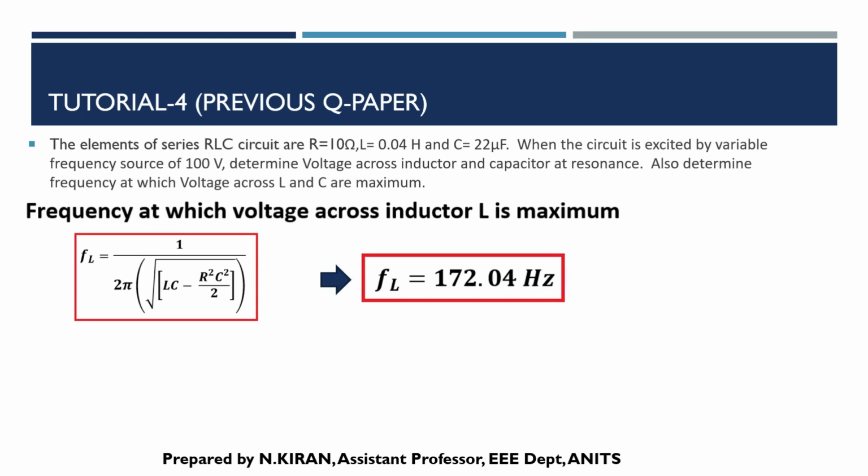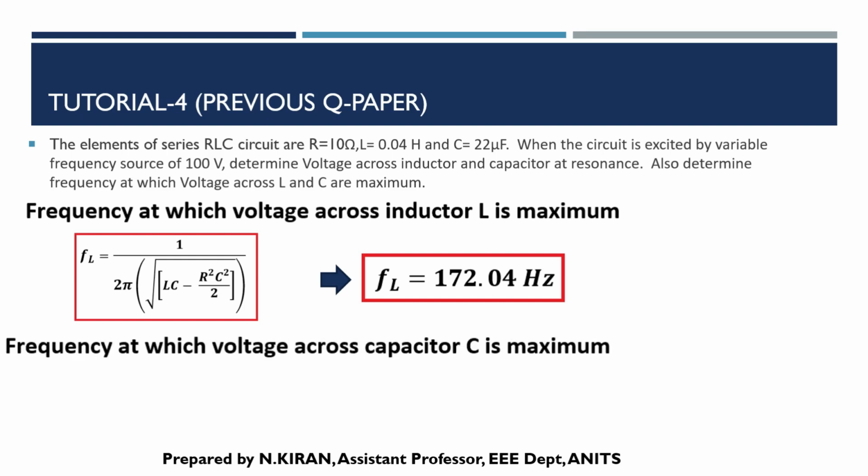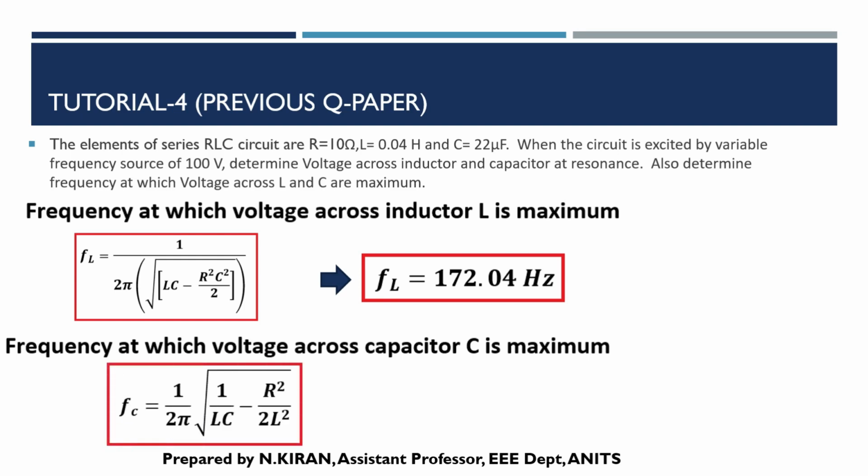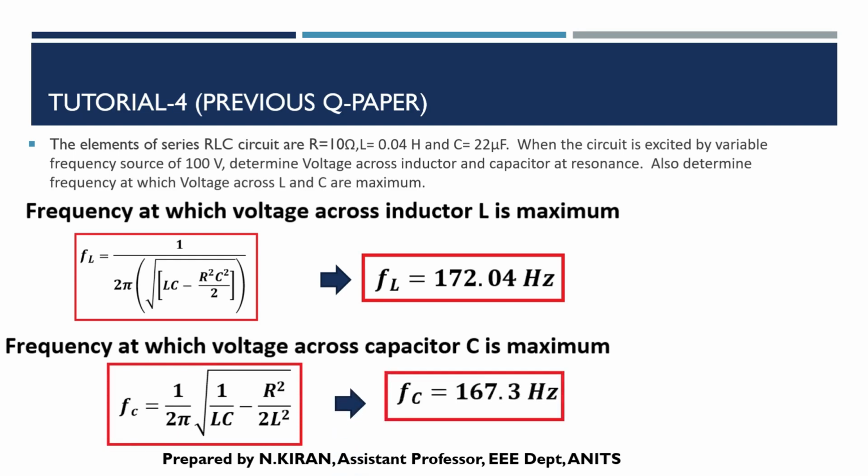We know the values of L, R and C. On substitution, the frequency at which voltage across inductor is maximum is 172.04 Hertz. Similarly, on substitution of the values of R, L and C in the expression of frequency at which voltage across capacitor is maximum, we get the value of FC, which is 167.3 Hertz.